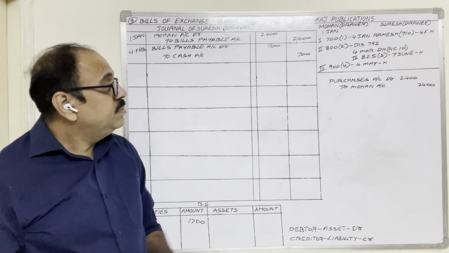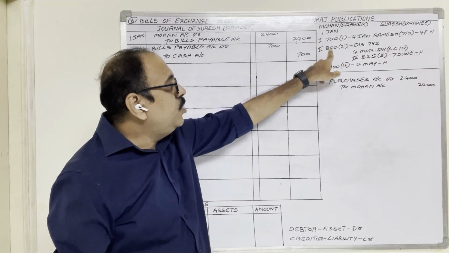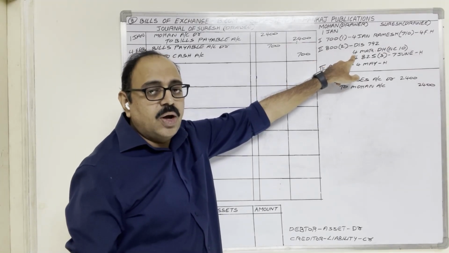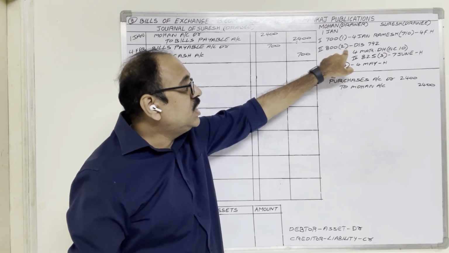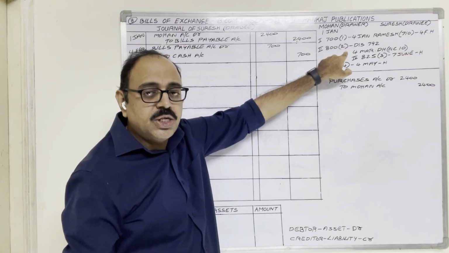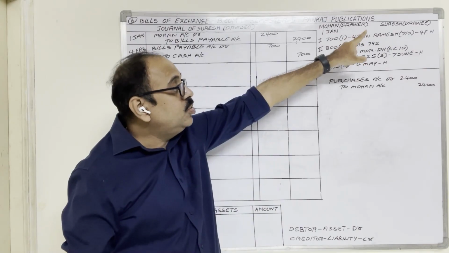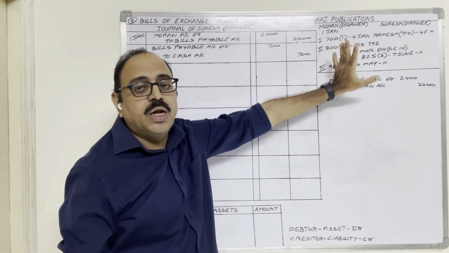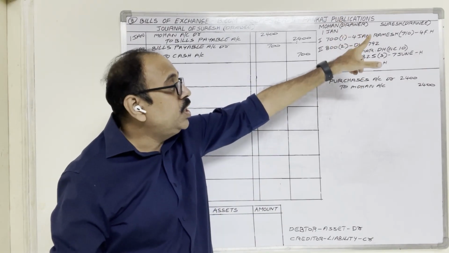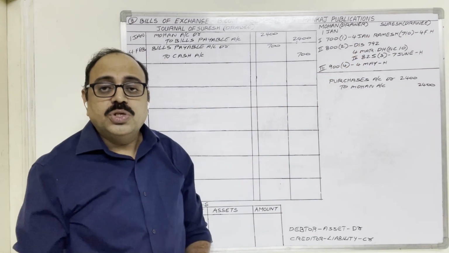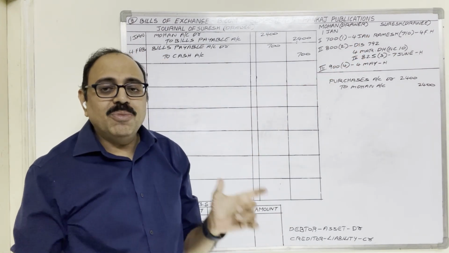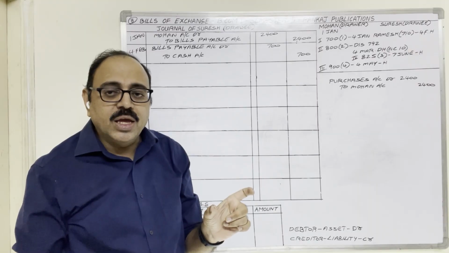Next, what happens? Second bill due date is 4th March. On that day, the holder of the second bill is the bank, no? Because the bill is discounted. The bank came to Suresh, and Suresh failed to honor the bill. So for this dishonor in Suresh's books, we have to write the journal entry now. When a bill is dishonored, that bills payable liability will get cancelled.